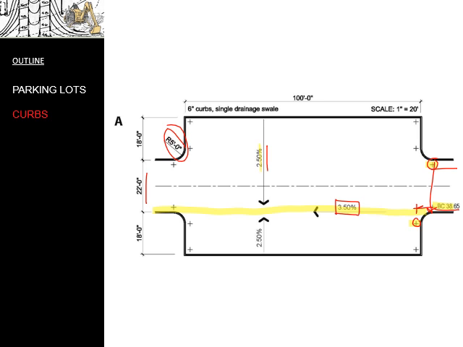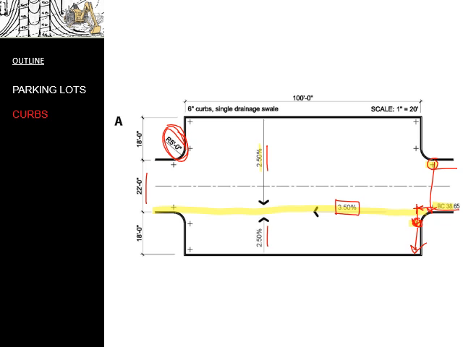Then, once you find this spot elevation, you're going to use that to come down and find the next spot elevation right here. For that one, you're going to use this slope going back uphill at the same distance of 5 feet.